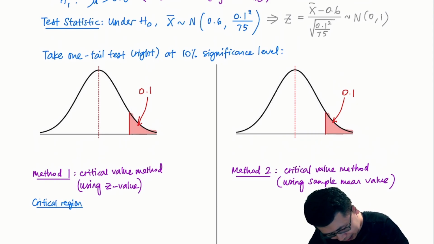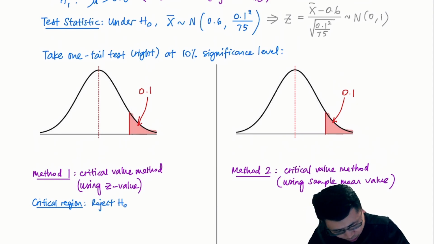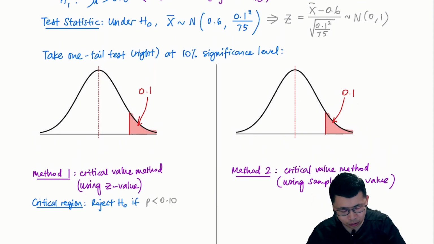Based on this diagram, the critical region is where we will need to reject H naught, or to state the rejection region. Reject H naught if the p value is less than 0.10. This one actually we don't need to write.